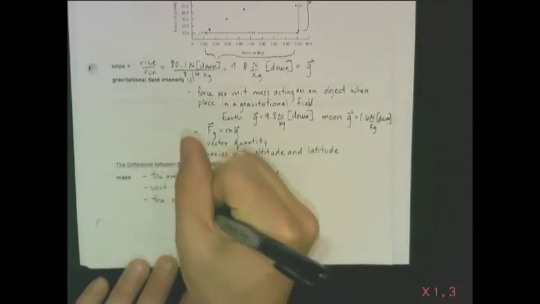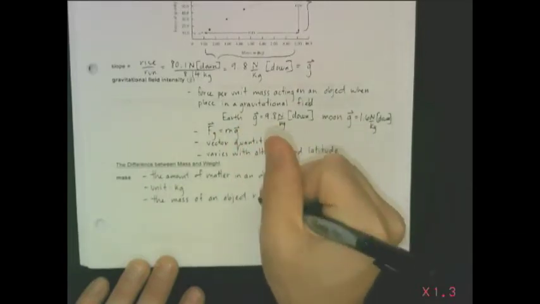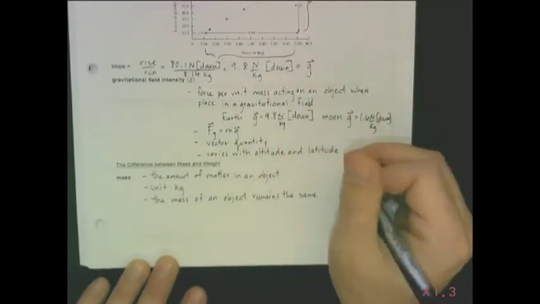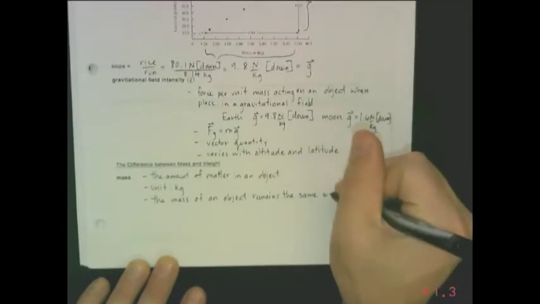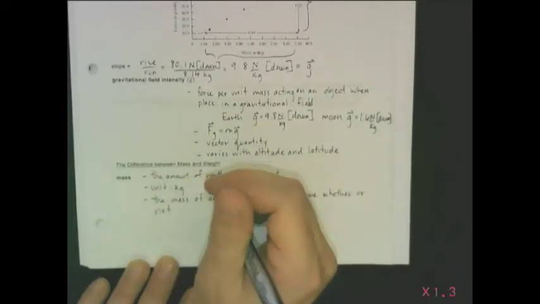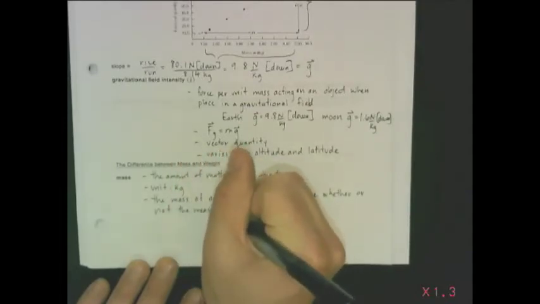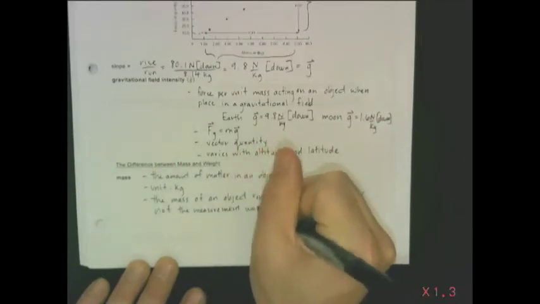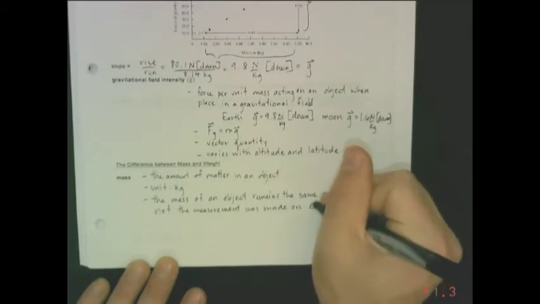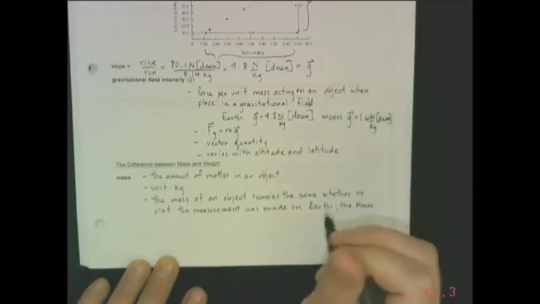So the mass of an object remains the same whether or not the measurement was made on Earth, the moon, or any other planet.